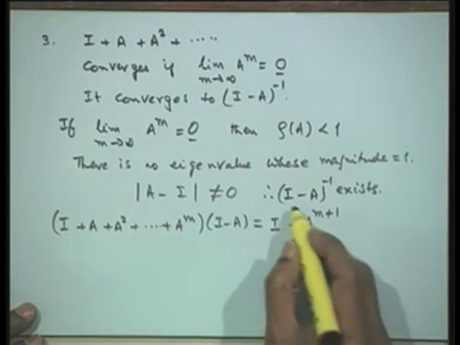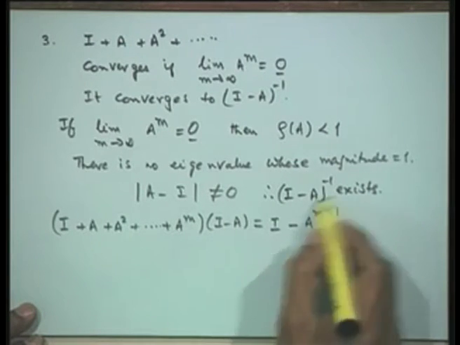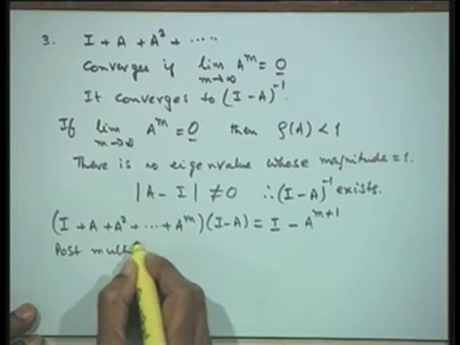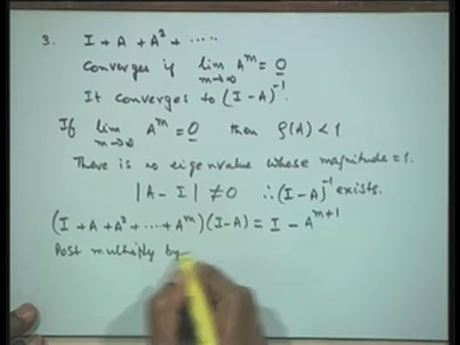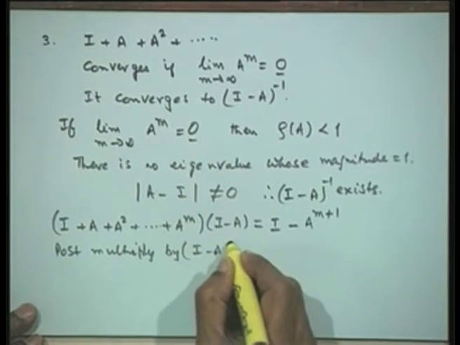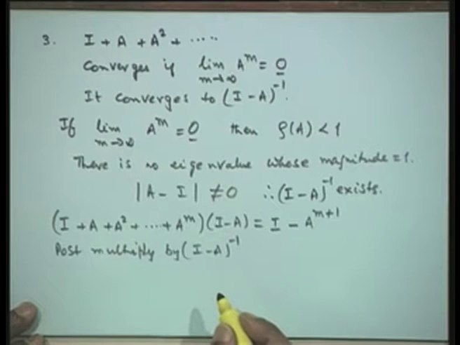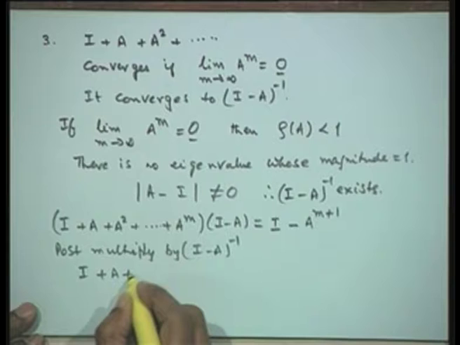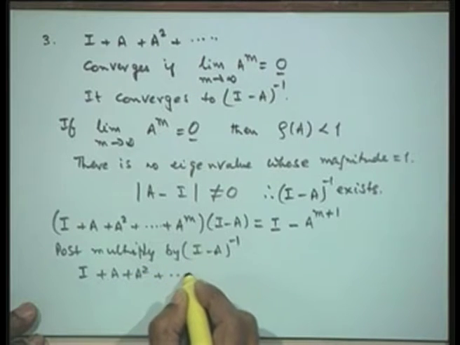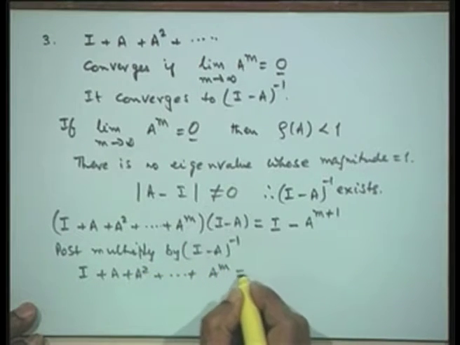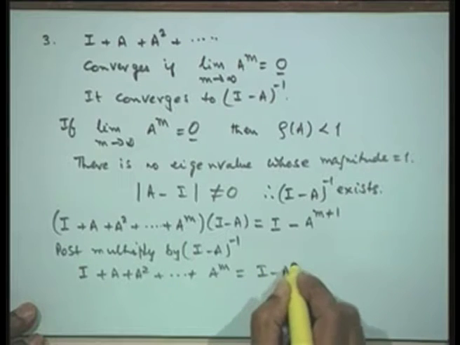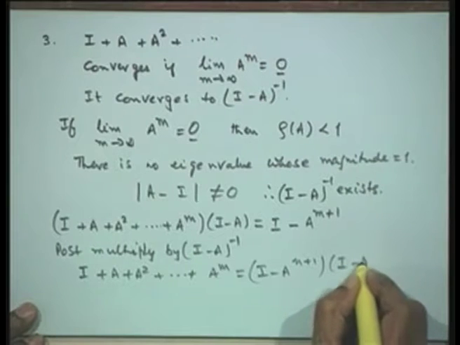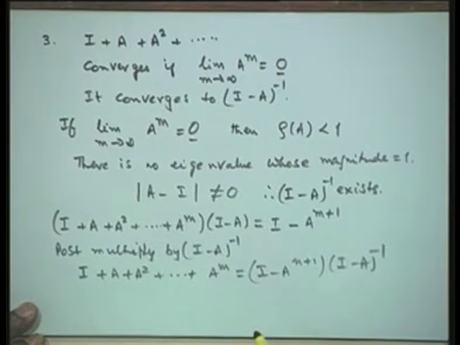Now since I minus A inverse exists, I post multiply by I minus A inverse. Then this will simply read I plus A plus A square up to A to the power of m is equal to I minus A to the power of m plus 1 into I minus A inverse.